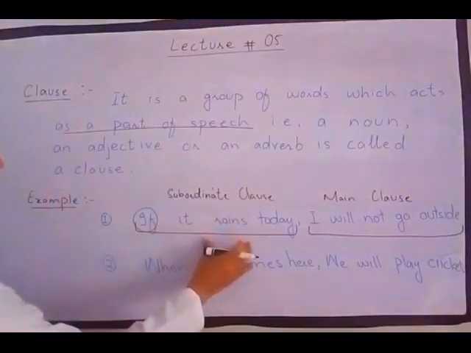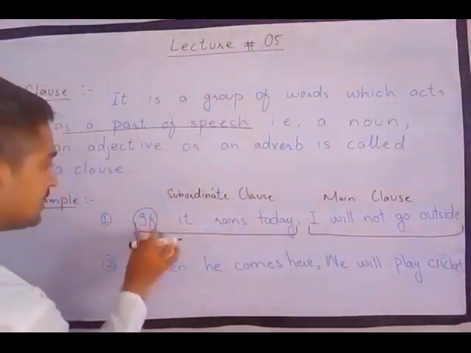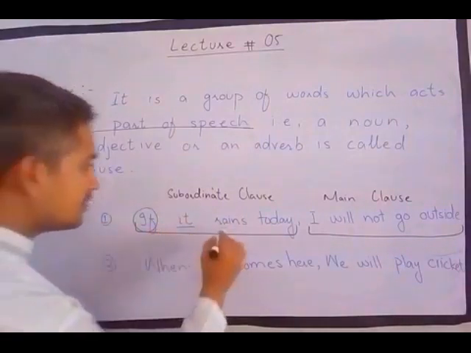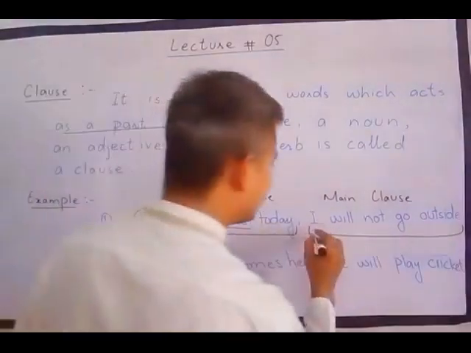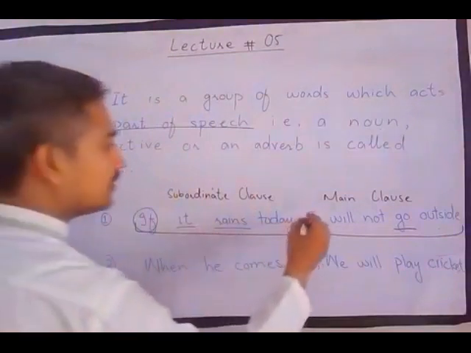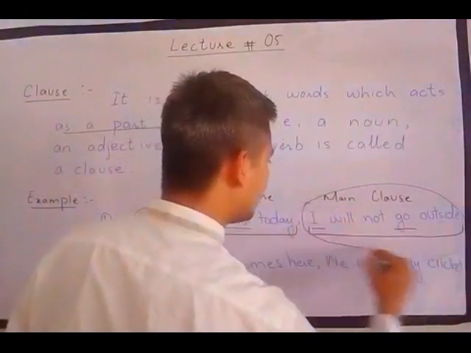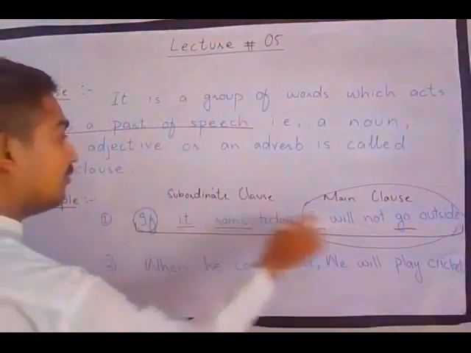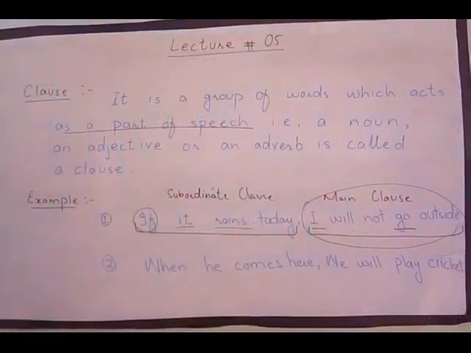So the subordinate clause has if here, a subordinate conjunction, and you can find here subject and verb in this sentence. The main clause can stand alone and give the complete meaning, but without the main clause the subordinate clause does not convey the complete meaning.